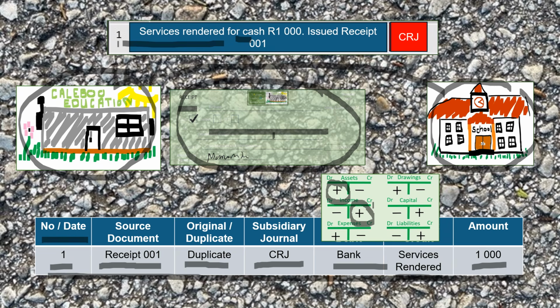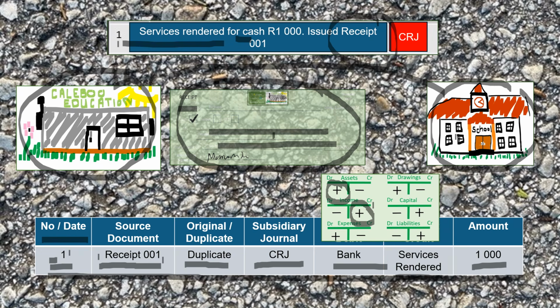and that's easy enough. That column, number 1, the document you will get from the transaction, receipt, and put in the number 001. It's harder to work out whether it's the duplicate or the original. In this case here, Calibu Education wrote out a receipt and gave it to the school as proof of payment.